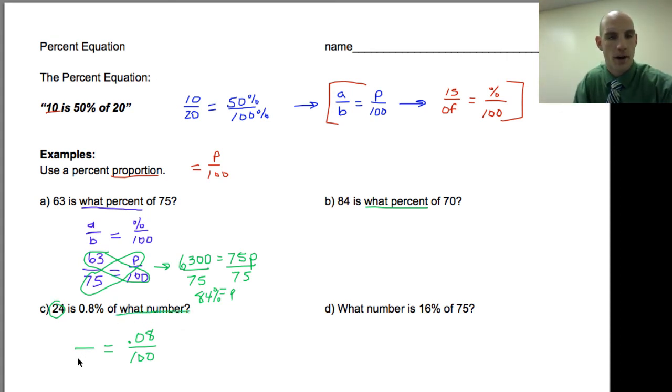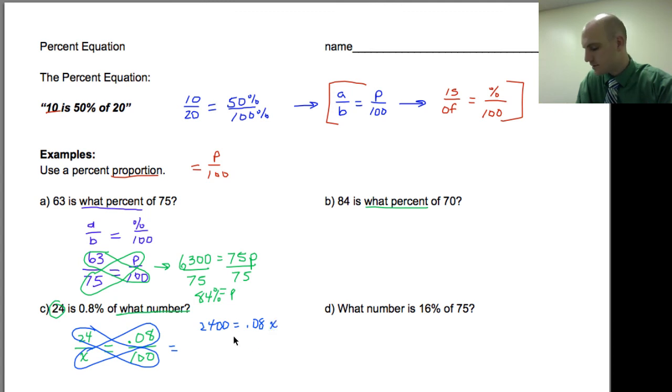So the of goes on the bottom, and that's something I don't know, so I'll just use an X because it's an unknown. And I have 24. Once again, I'll set up my cross products, and I'll end up with 2400 equals 0.08x.